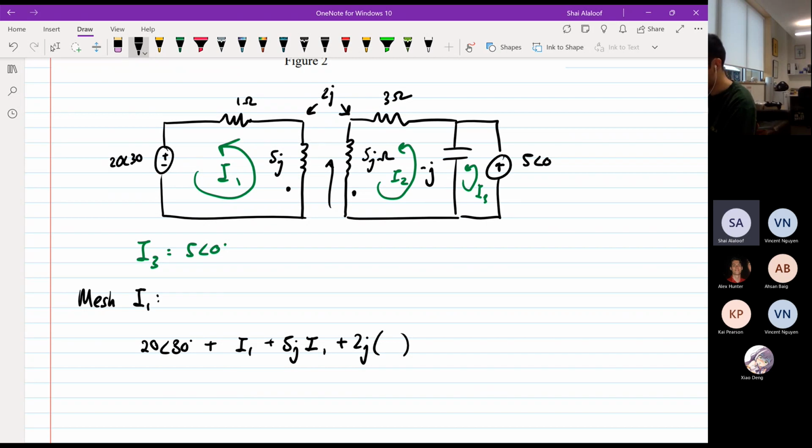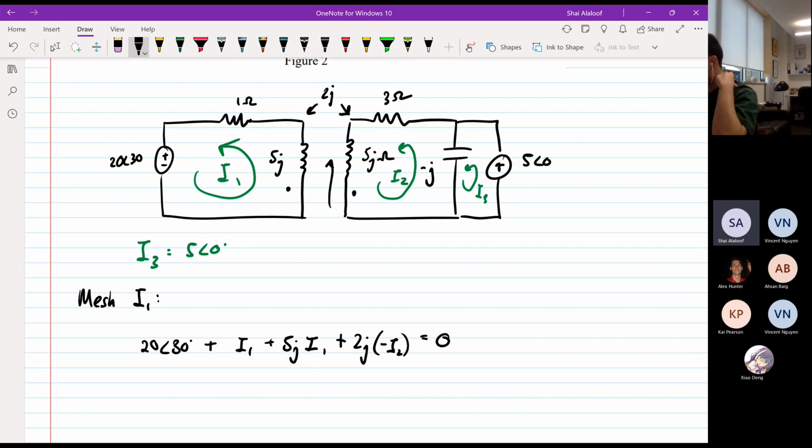So negative I2. If the dotted terminal was here in this case, then I would have put a minus there. I want what enters the dotted terminal of the left-hand 5J inductor. That's how I work out the magnetically coupled circuits. Everyone's got different ways, but they're all the same in the end. Anyways.